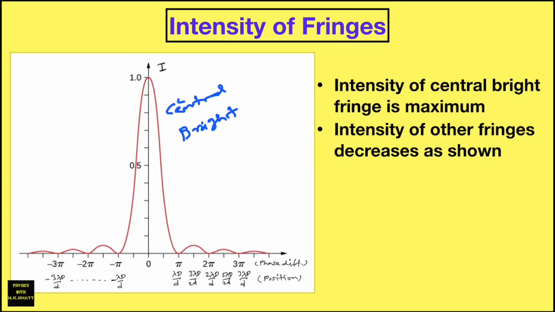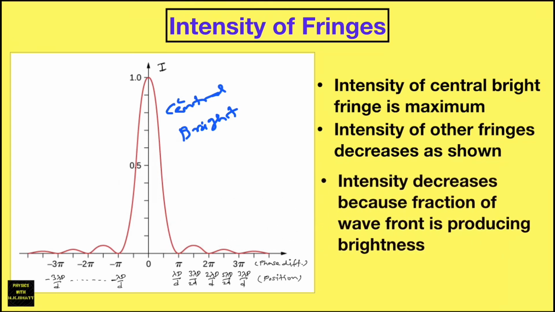So, we can say only a fraction of the wavefront is producing the bright fringes. Therefore, the intensity of the bright fringes decreases as we move away from the center of the screen. You can see here also, the intensity of the central bright fringe is maximum. After that, it decreases abruptly and then decreases gradually. So, the reason is very simple: only a fraction of the wavefront is producing brightness.